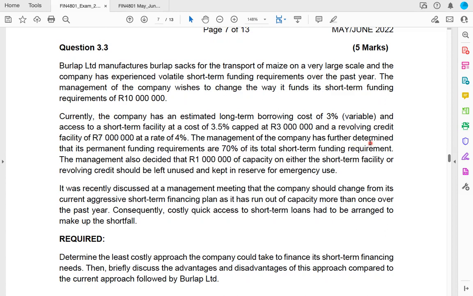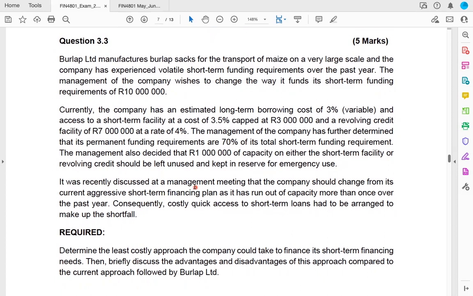The management of the company has further determined that its permanent funding requirements are 70% of its total short-term funding requirement. The management also decided that 1 million of capacity on either the short-term facility or the revolving credit facility should be left unused and kept in reserve for emergency use. It was recently discussed at a management meeting that the company should change from its current aggressive short-term financing plan, as it has run out of capacity more than once over the past year.